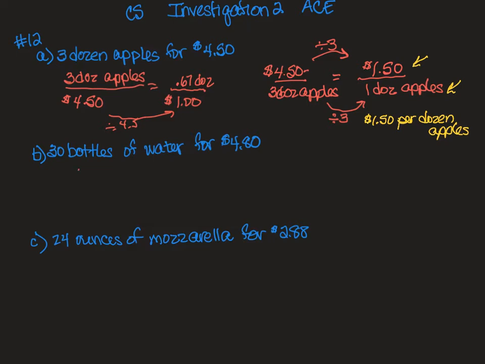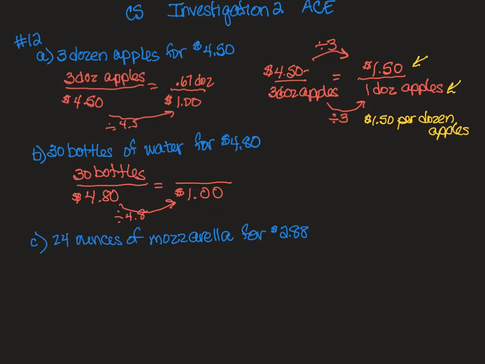Okay, so the next one is 30 bottles for $4.80. So I'm going to do 30 bottles of water for $4.80. Now I'm going to get the unit rate I want for how many bottles I can get for $1. I'm going to divide by 4.8.